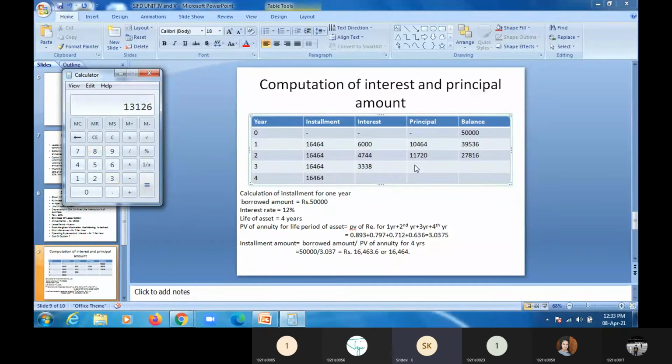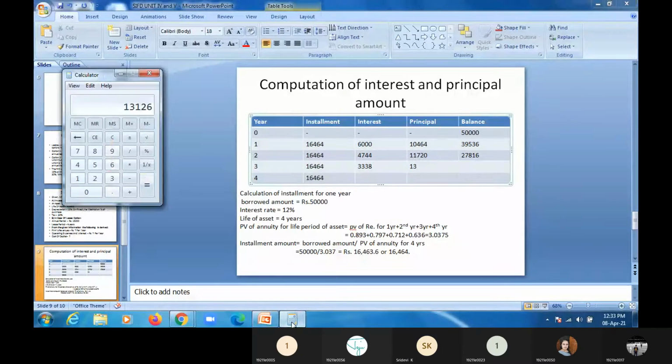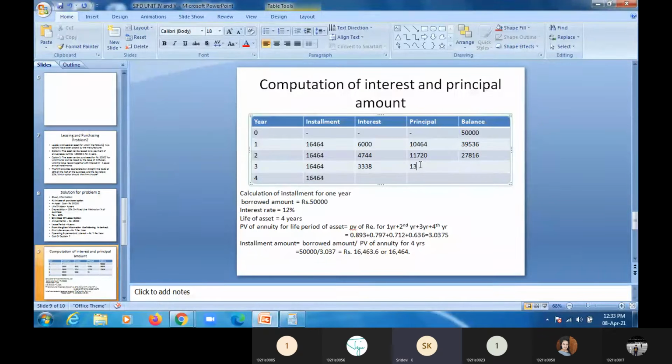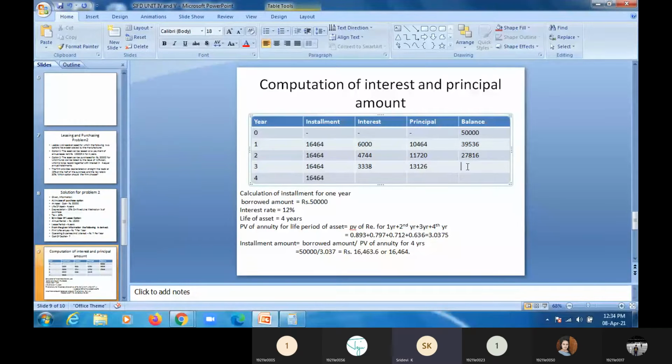The remaining amount is 13,126. The balance amount will be 27,816 minus 13,126, so your balance amount is 14,690.